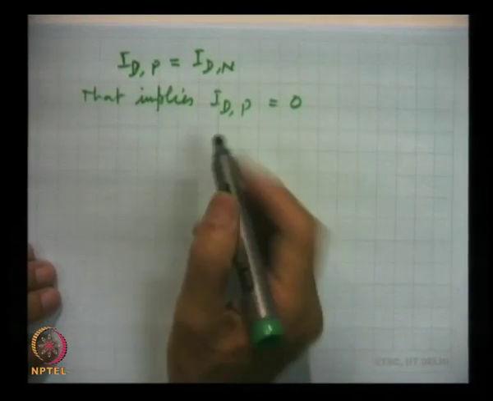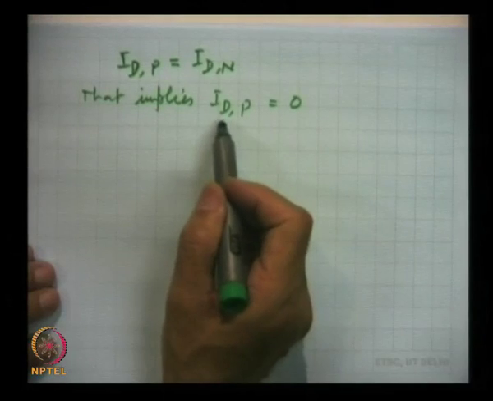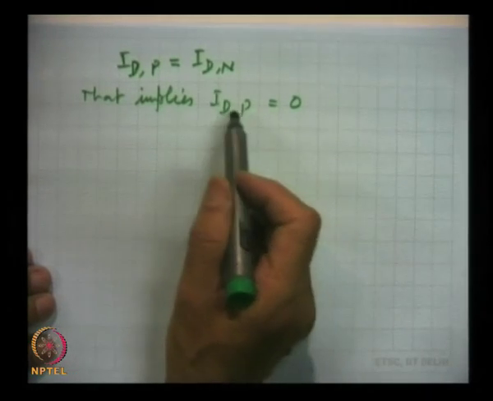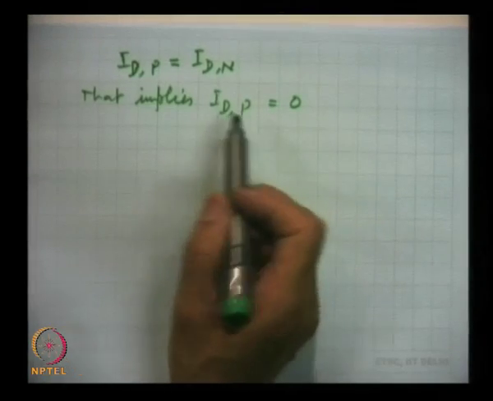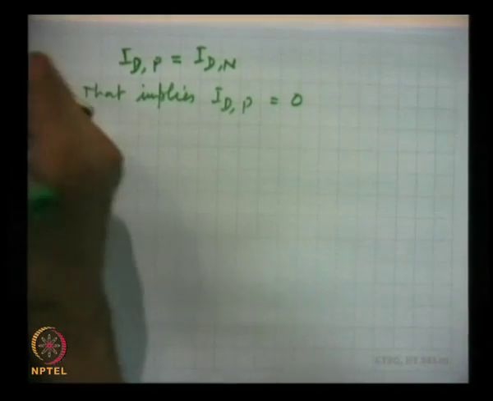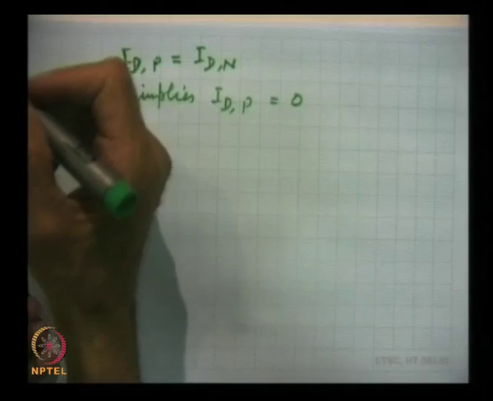Now, it is conducting, but the drain current is 0, and if you look at the drain characteristics, this situation is just in the beginning of the ohmic linear region.